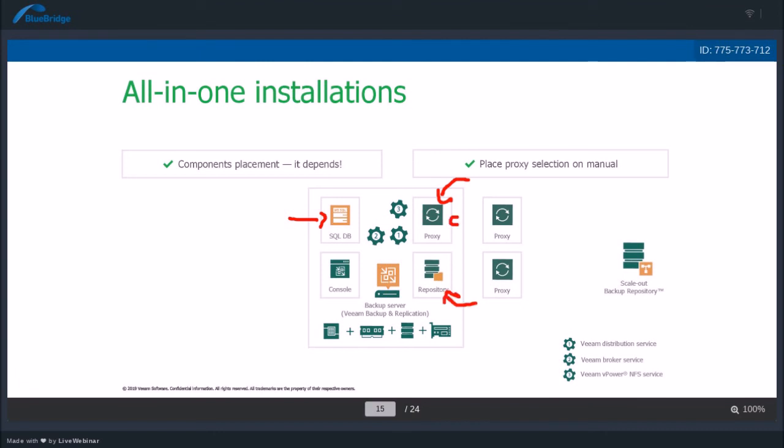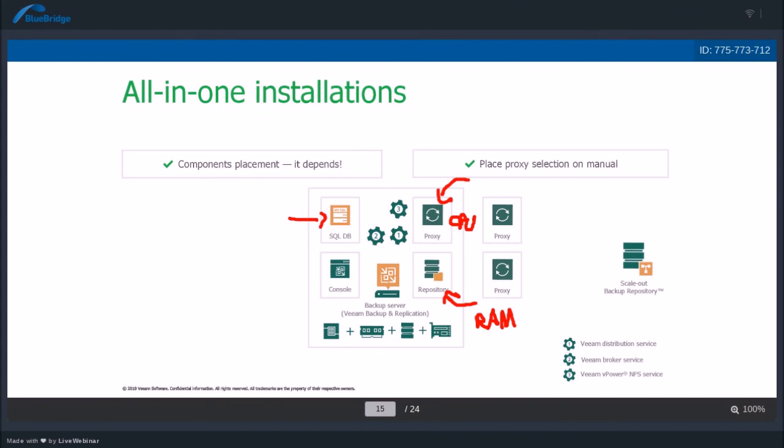This one is quite intensive on the CPU. This one is quite intensive on the RAM usage, because the repository server is basically taking care of the deduplication between different proxy servers. Of course, there's the backup and replication server itself, and the operating system underneath. So it has to be quite a powerful machine to make sure all of this is going to be running smoothly during the backup, right?